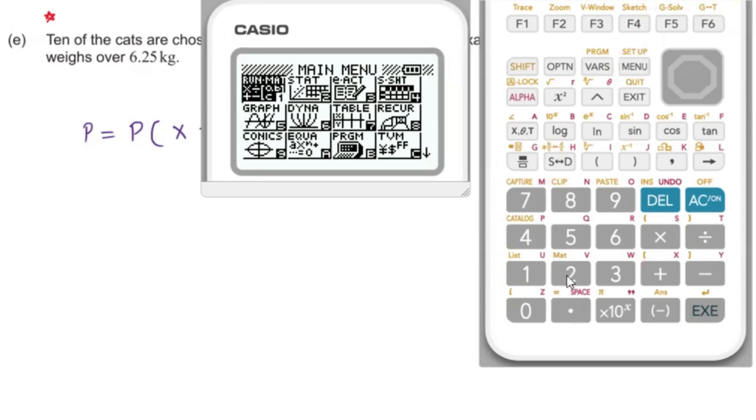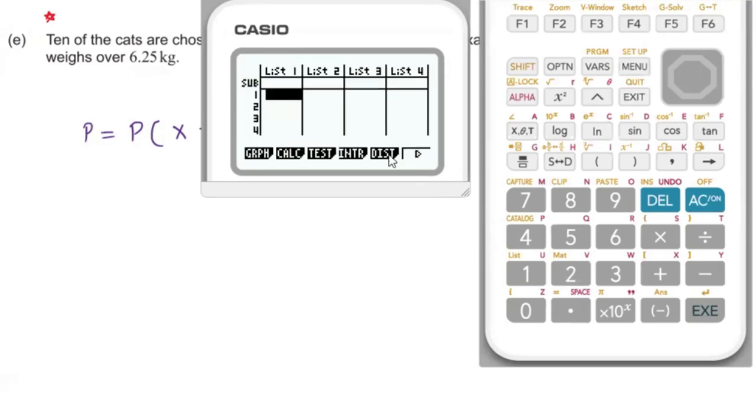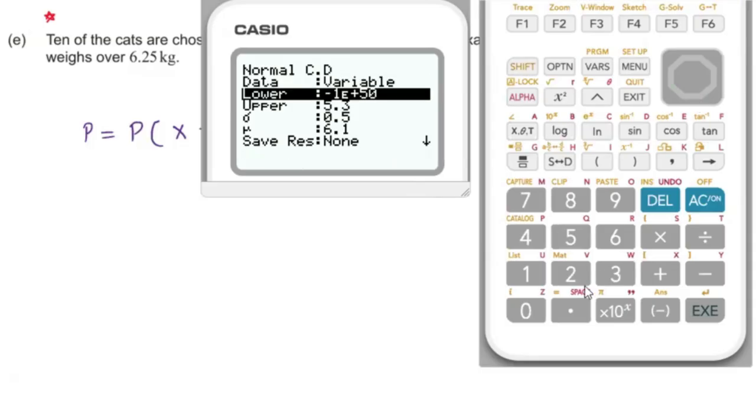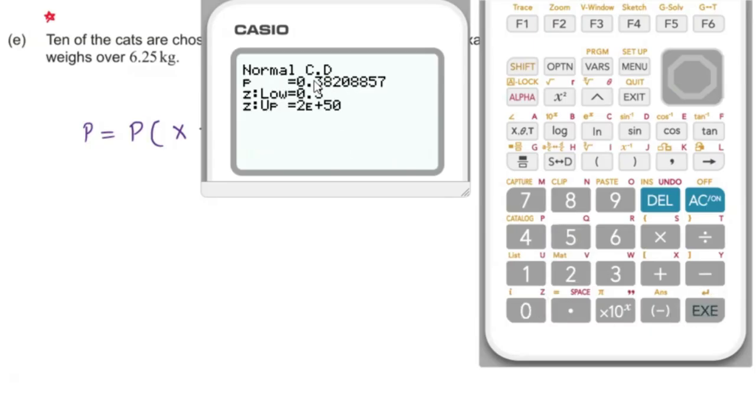I go to normal distribution to get this probability. This is Normal CD, and the lower bound this time is 6.25. And now I need a huge number because they're saying more than 6.25. So 1 times 10 raised to power 50. And the rest is correct. So let's go. This is your success.